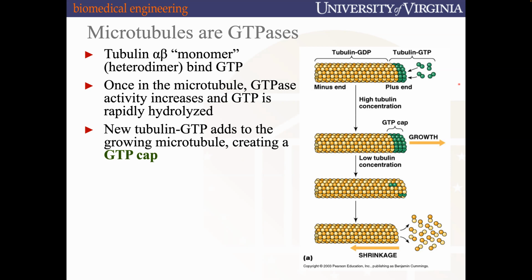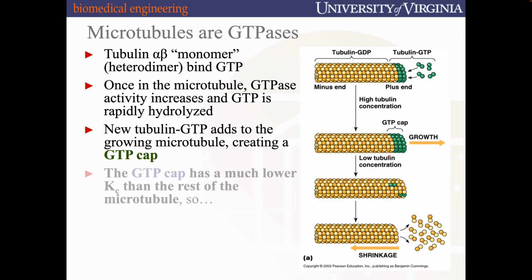So what this leads to is what's known as the GTP cap. Because all of these GTP bound monomers of tubulin are binding to one end, it creates this section of the microtubule that has all of this GTP bound. And this is preferential for more GTP binding, because it lowers the Kc, or the critical concentration that we just talked about.